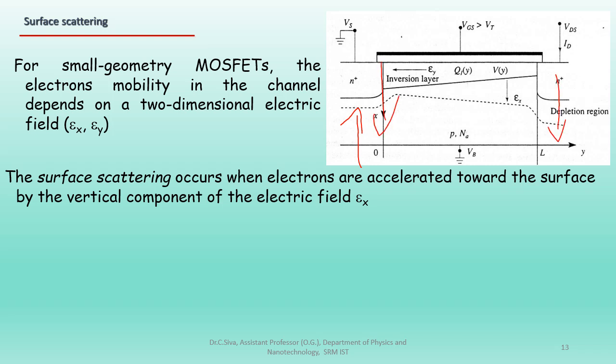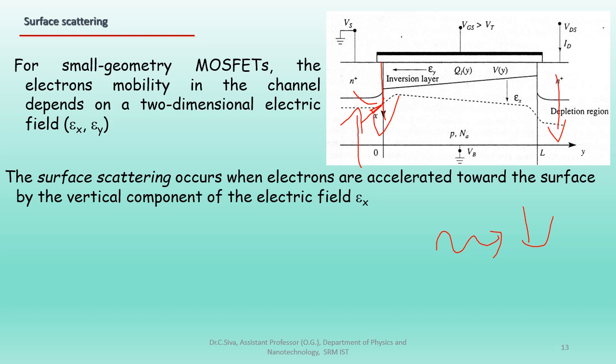The collisions at the interface reduce the mobility. At the interface, the collisions of the charge carriers reduce the mobility. Surface mobility becomes much lower than the bulk mobility.